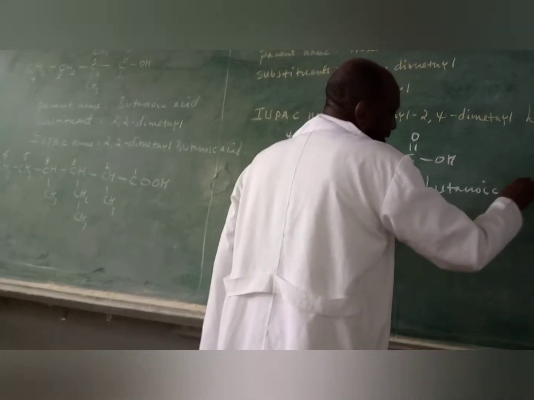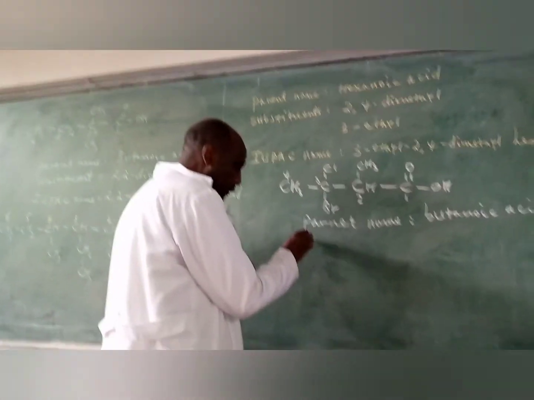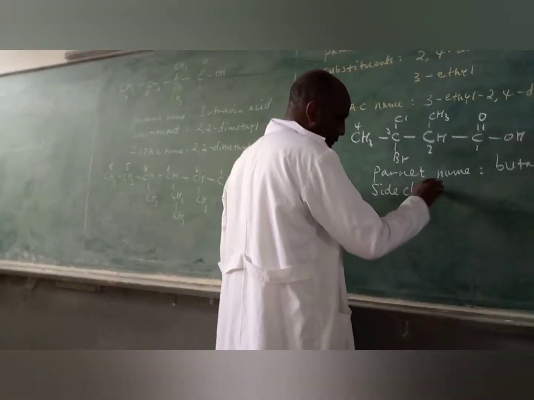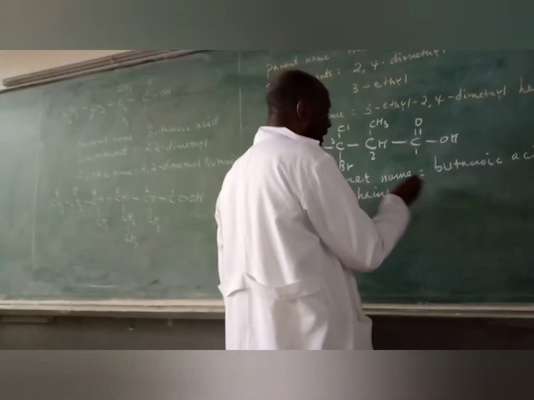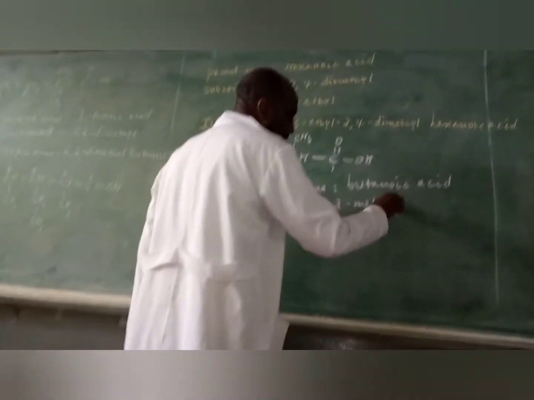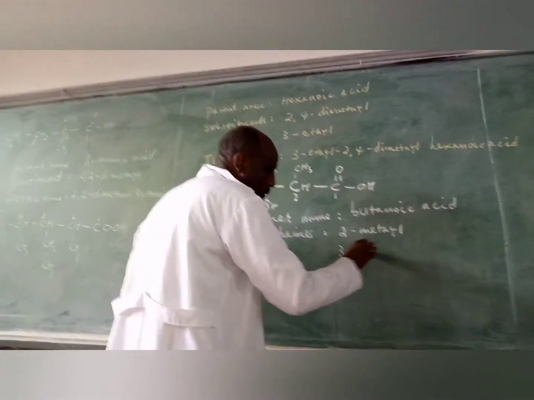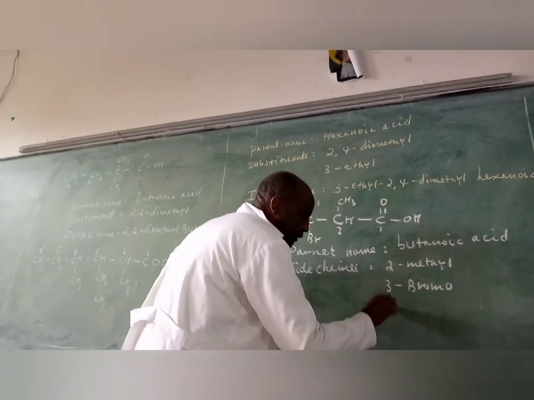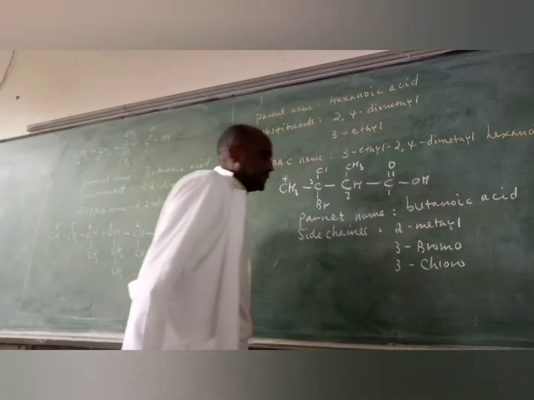Butanoic acid. The substituents, or side chains: on the second carbon we have methyl. On the third we have bromo for bromine. Again on the third we have chloro for chlorine.